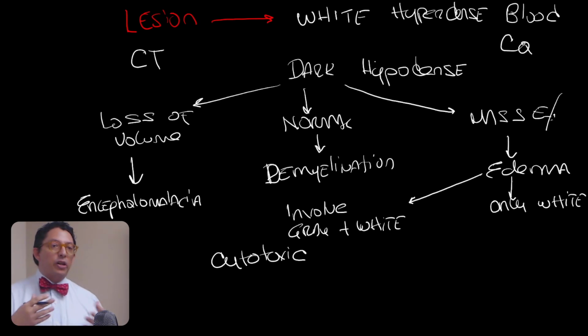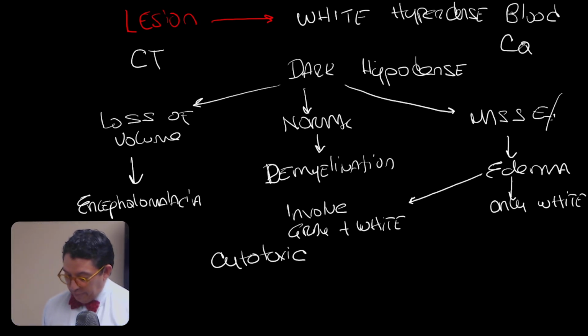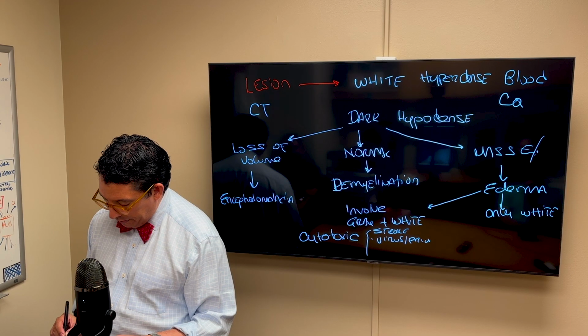And which are the infectious processes that utilize ATP and can create cytotoxic edema in an acute phase? Viruses and prion diseases. So when you have cytotoxic edema, you're going to think about stroke, viruses and prions, or mitochondrial encephalopathies.